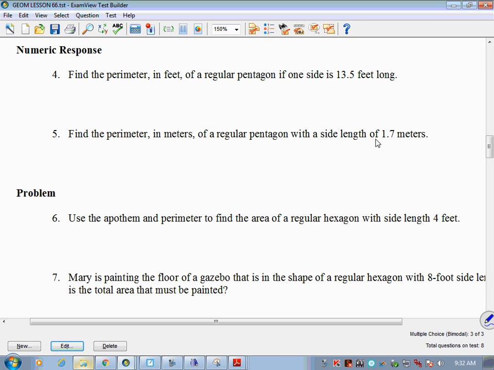Equal to every other side. If one side is 13.5 feet long, and I want to find a perimeter, what am I going to do with 13.5? Multiply it by 5, the number of sides. So what's 13.5 times 5? 67.5 feet.